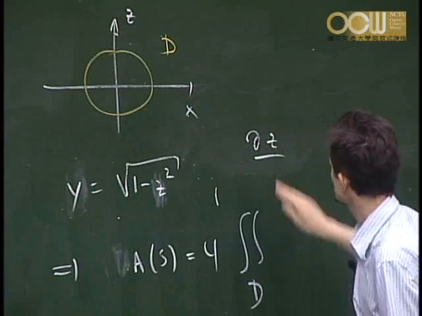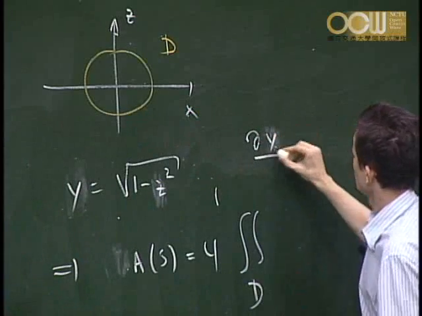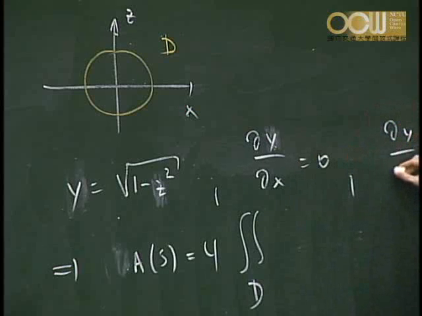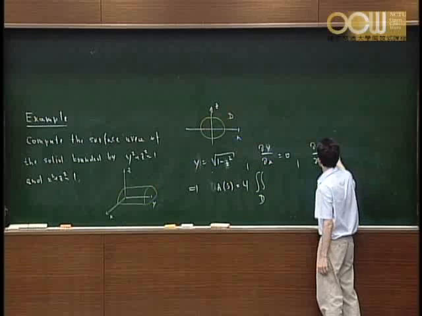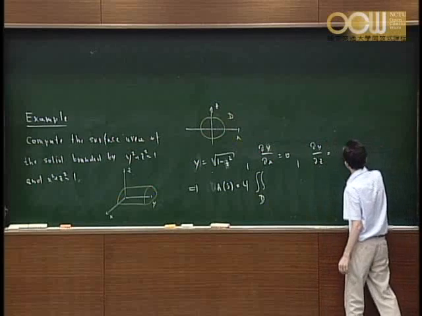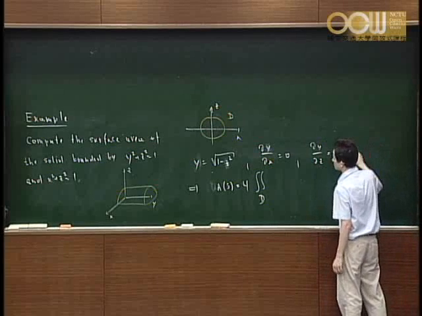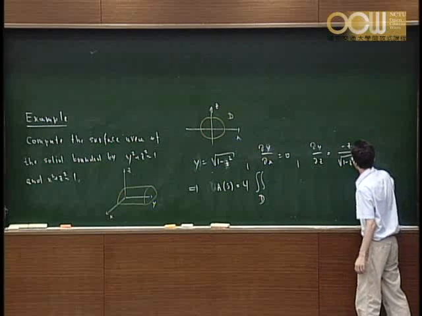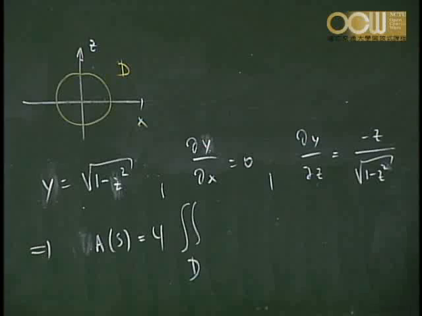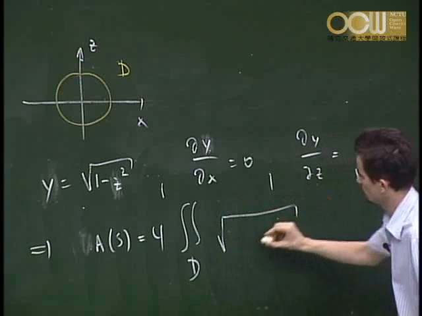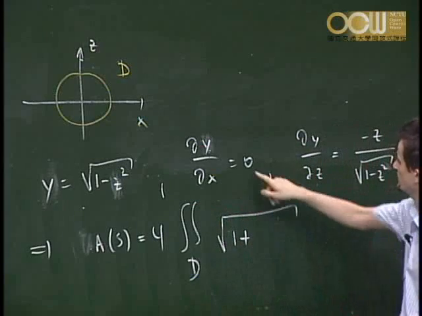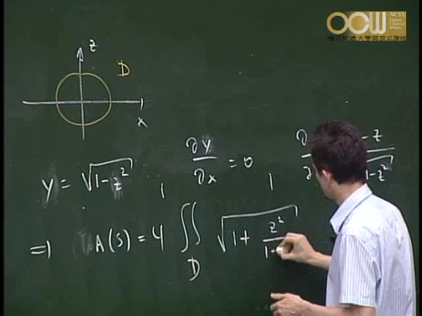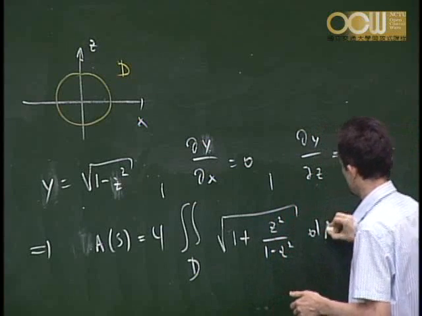So I need the partial derivative of y with respect to x, which is trivial, it is 0, and the partial derivative of y with respect to z is equal to minus z over the square root of 1 minus z squared. So the function becomes the square root of 1 plus this square, but the first square is 0, and the other is z squared over 1 minus z squared, dA.